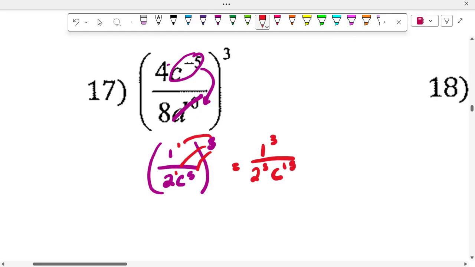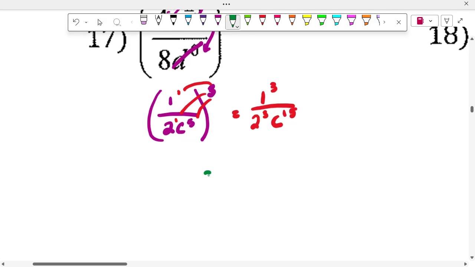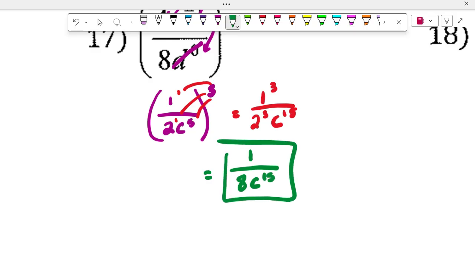It's power rule. 15th. 1 over 8 C. 3 times 5. It's not adding, you multiply. It's power rule. So, what's 1 cubed? 1. 2 cubed? 8. C the 15th. That's it.